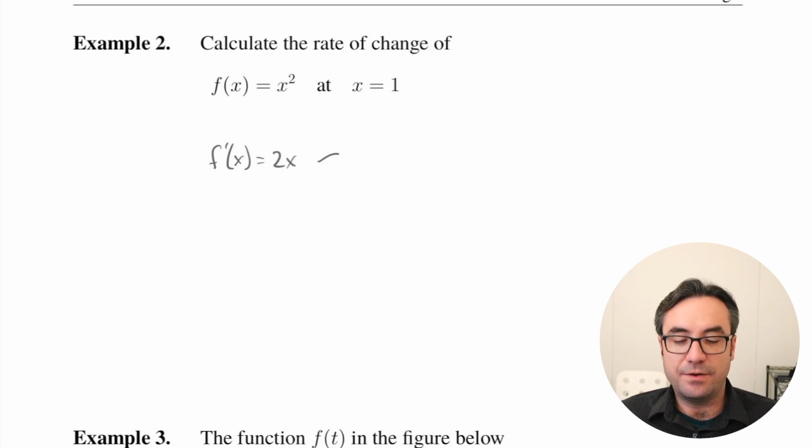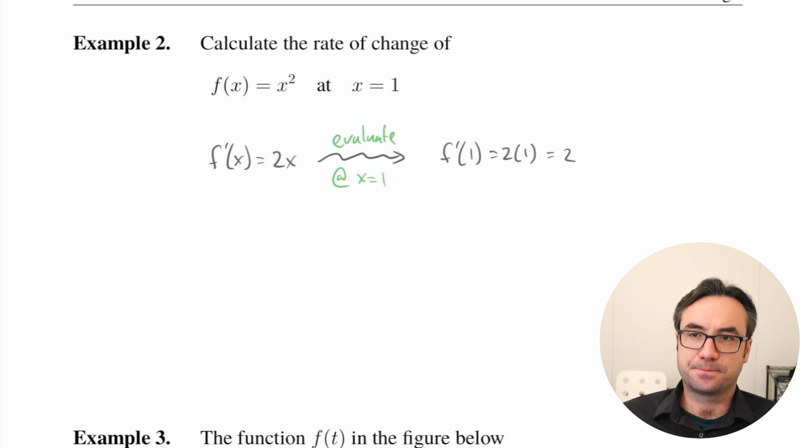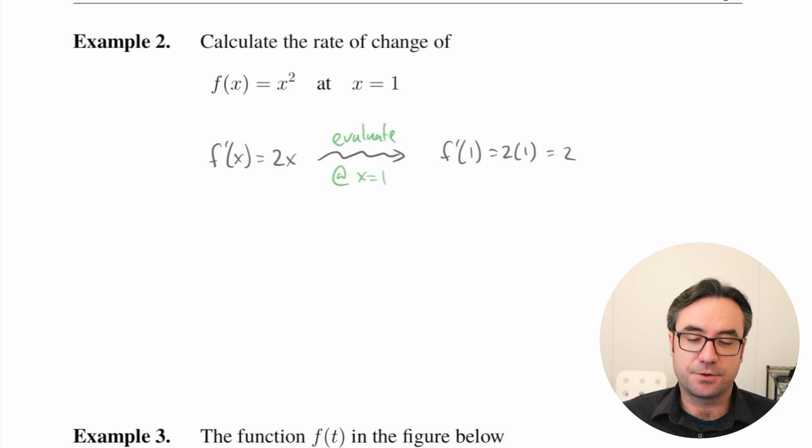And then we'd evaluate. We plug in 1, so we get 2 times 1, which is 2. And that's our instantaneous, or just rate of change.